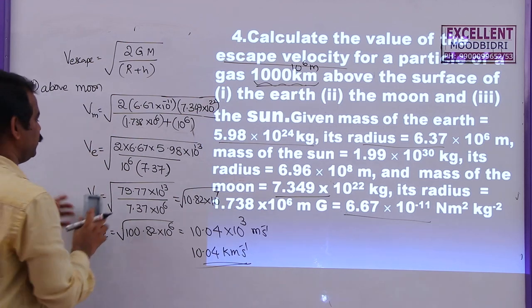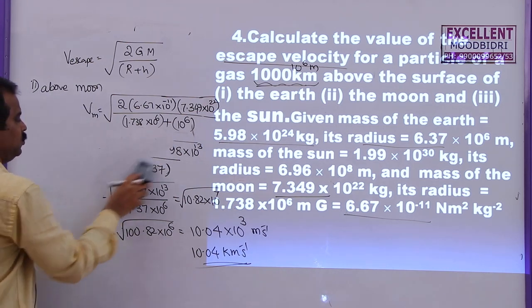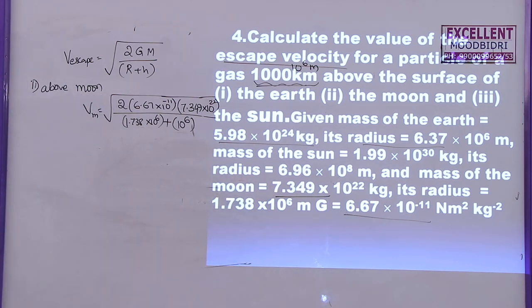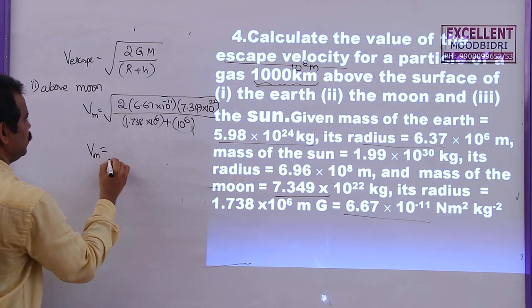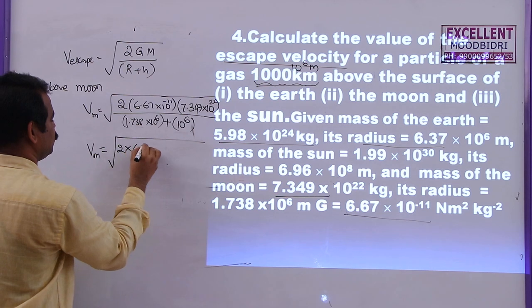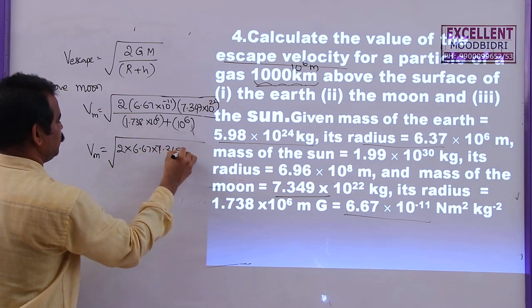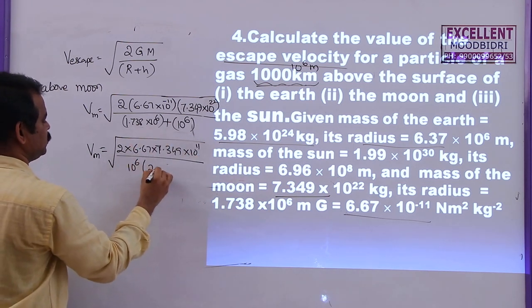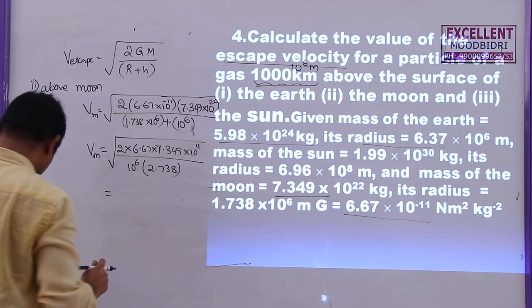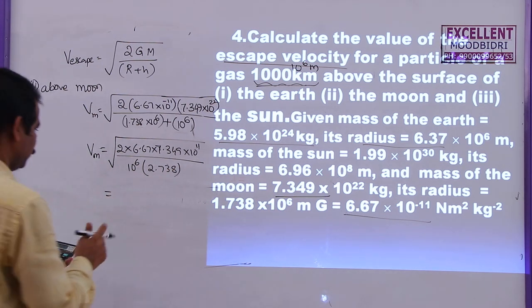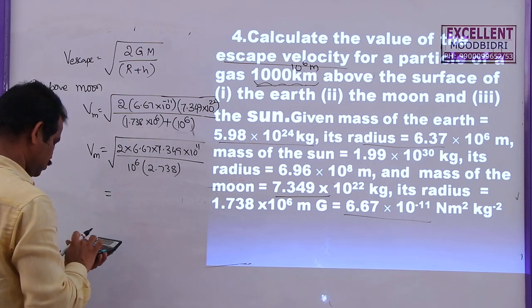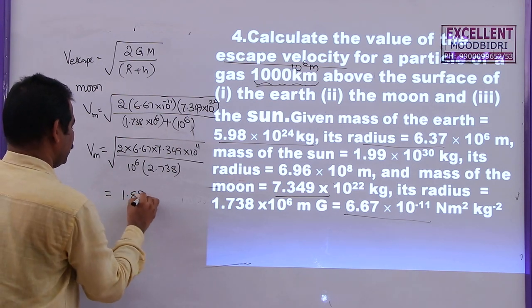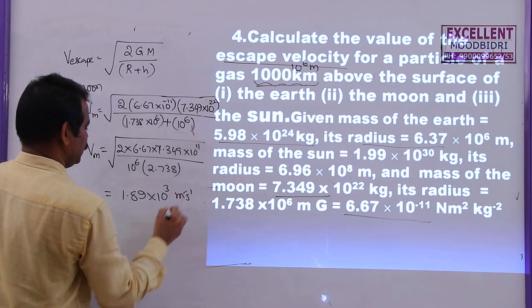So by substituting all these values and simplifying, you will get 2 into 6.67 into 7.349 into 10 power 11 by 10 power 6 common, 2.738. So this is 1.89 into 10 power 3 meter per second.